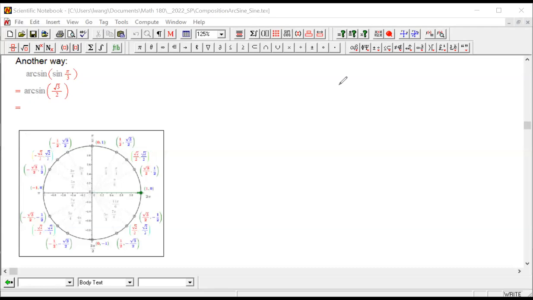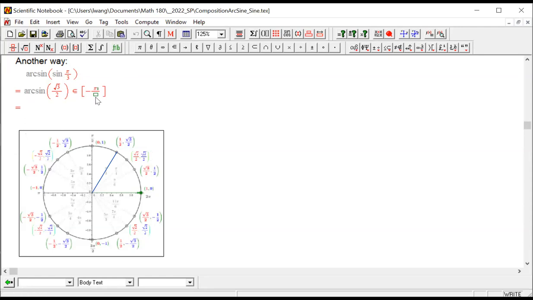So we have that terminal there. Next we're dealing with arc sine. For arc sine, we take this ratio, and we know that this answer has to be between negative pi over 2 and pi over 2.